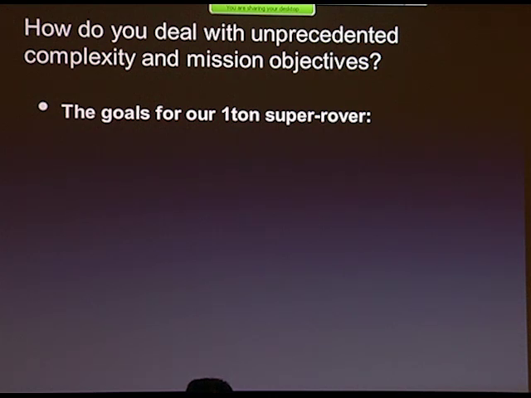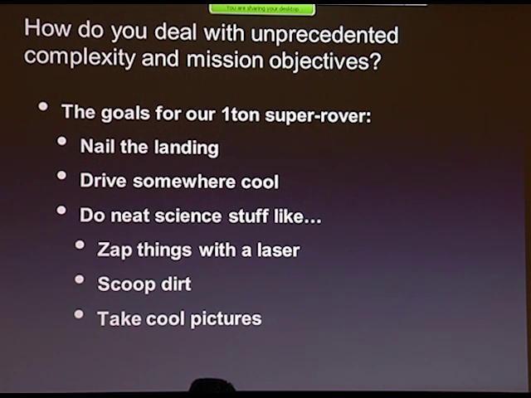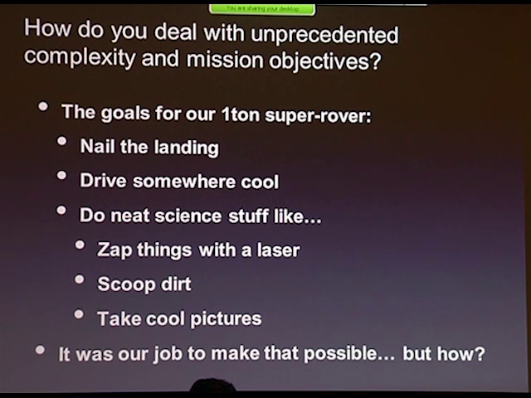The goals of this 1-ton super rover are to nail the landing, which we did, drive somewhere cool, and do neat science stuff like zap things with a laser and scoop dirt and take cool pictures, right? And it was the job of the flight software team to make that possible. How were we supposed to do that?